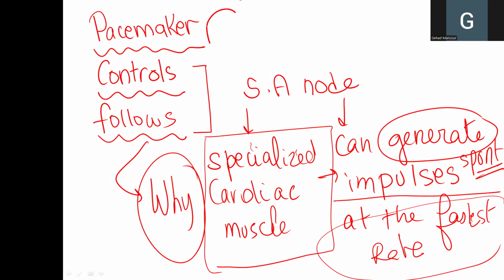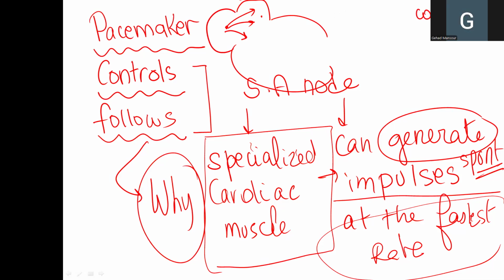Okay, so the SA node is the pacemaker of the heart. How does it do this? It generates electric impulses on its own, and then these electric impulses will spread first over the myocardium. After having spread over the myocardium, the muscles of the atria contract. This is another important piece of information.